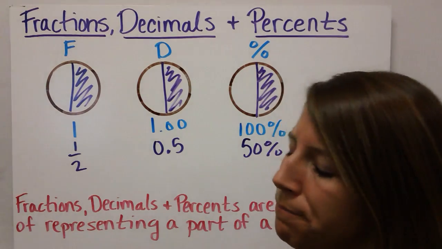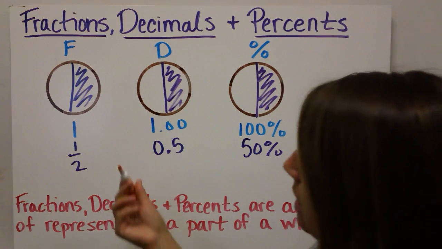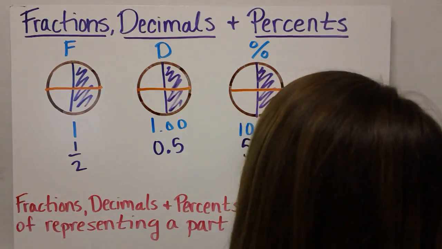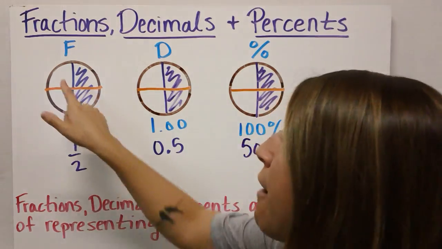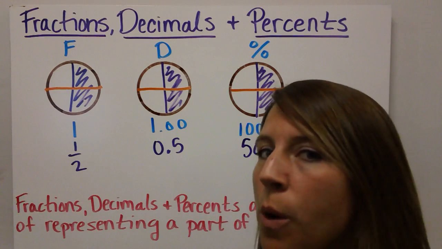We're going to do one more. I'm going to divide this yet again. Now each of these wholes has 4 equal parts. Okay, that's the way we're going to look at this.